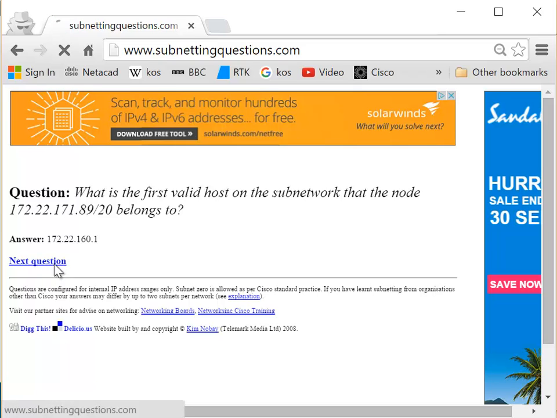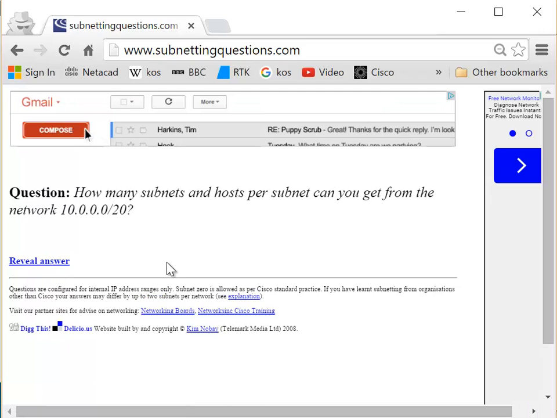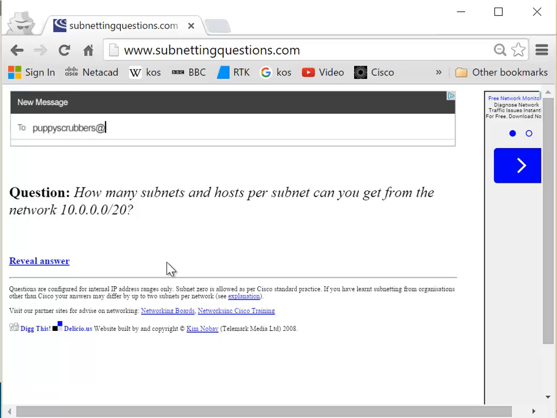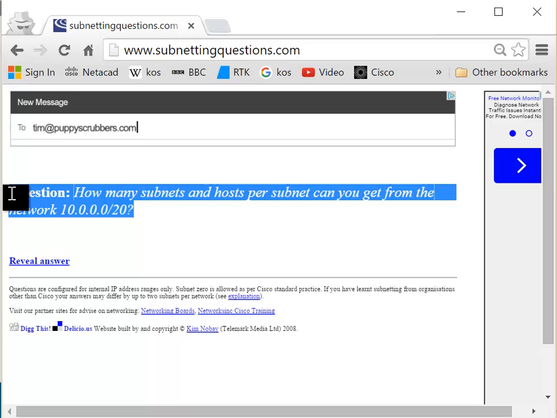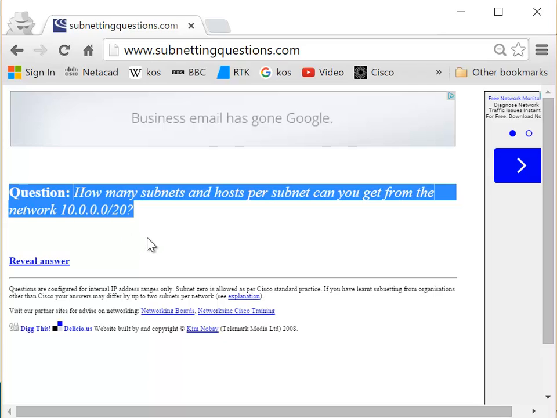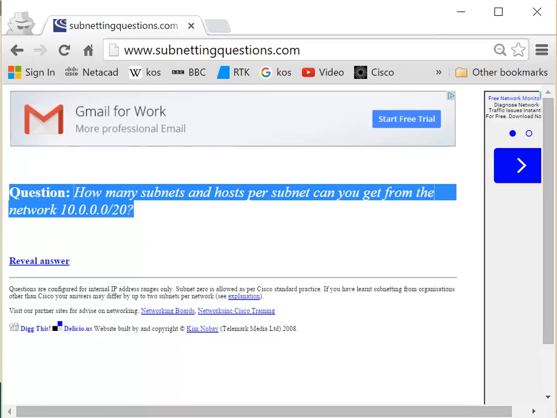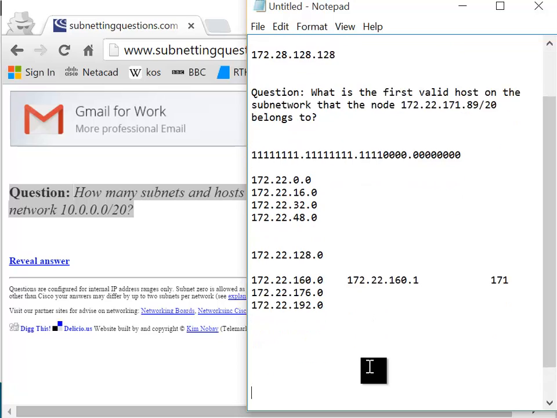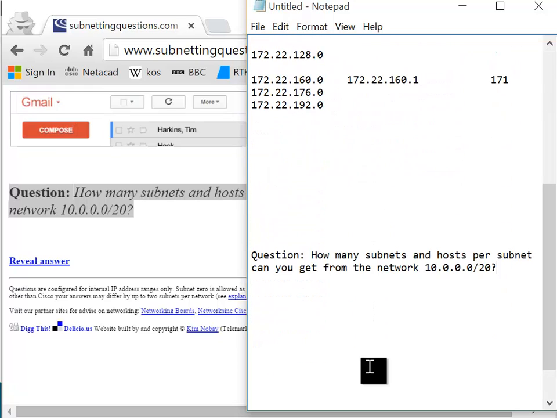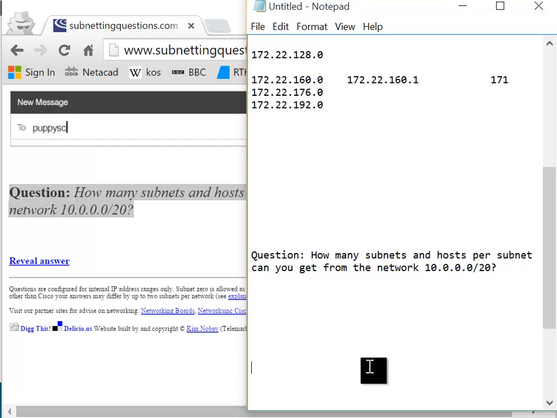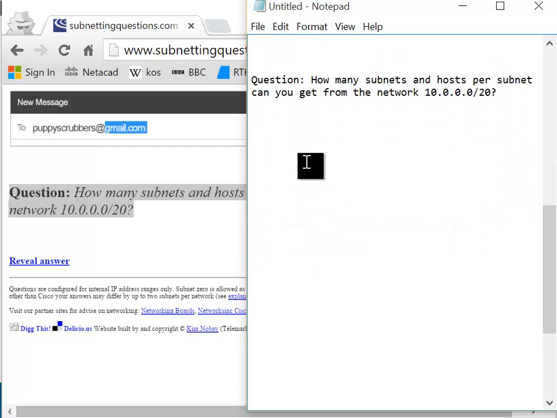Okay, let's do another one. That was a hard one, yeah? How many subnets and hosts per subnet can we get from this network address? So we take this, copy it, go to my notepad, and paste it there. How many subnets and hosts per subnet can we get with this network? So we have 10.0.0.0/20.